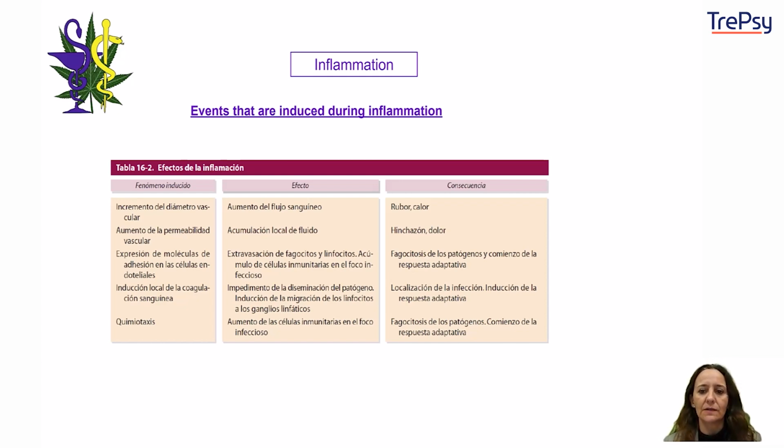Also for this, the blood vessels will be expressing additional molecules, so we can observe an increase of these molecules, and also a chemotaxis of the cells. The cells are moving to that area where the pathogen is proliferating, and the cells are generating an inflammatory microenvironment.